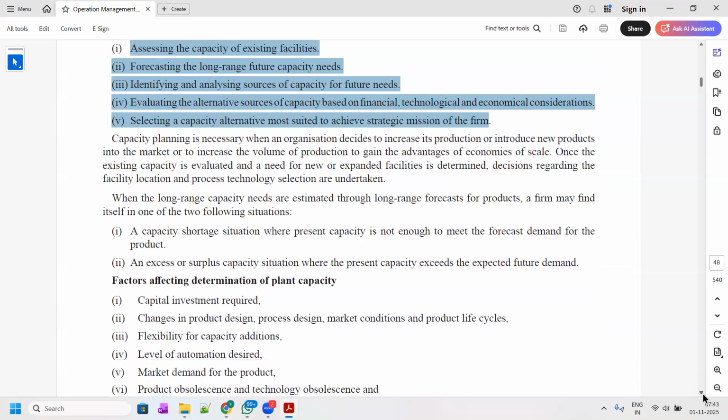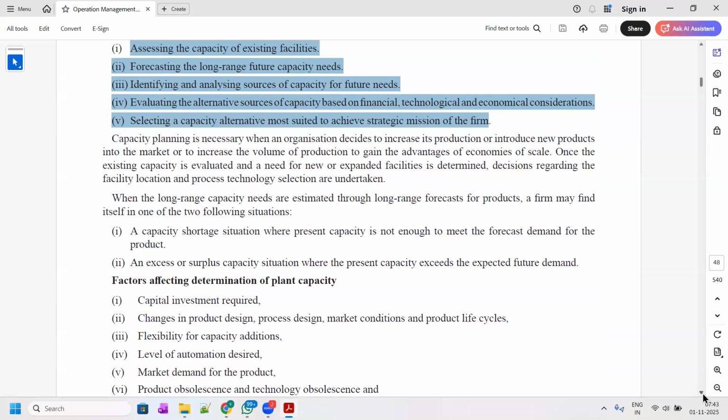Yes, sir. Any question you have? No, sir, understood. Can you just rephrase whatever I said? Just mention these points. I'll bring water in the meantime, you rephrase these points.